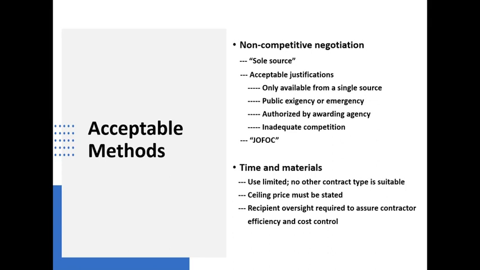The first is where the good or service is only available from a single source. Well, you've got to know an awful lot about the marketplace to know whether that's the case. The second is where the public exigency or emergency dictates it. In other words, you don't have the time necessary to go through the more established procedures of invitation for bids or request for proposals.